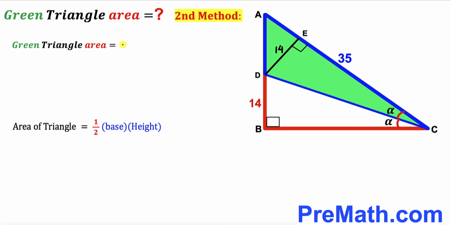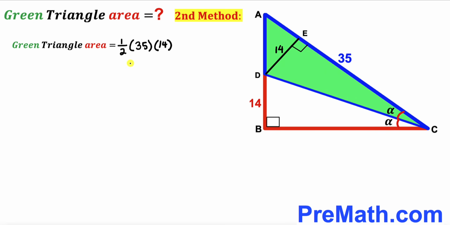So the area is going to be equal to a half times the base 35 times the height 14. If we multiply and simplify, that is going to give us 245 square units, the area of this green shaded triangle ACD.